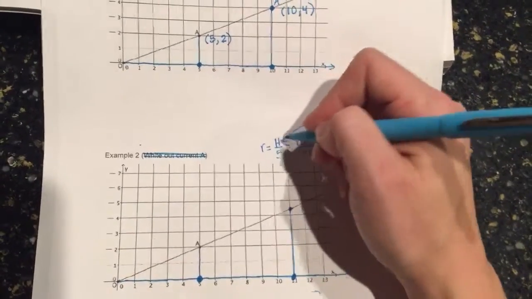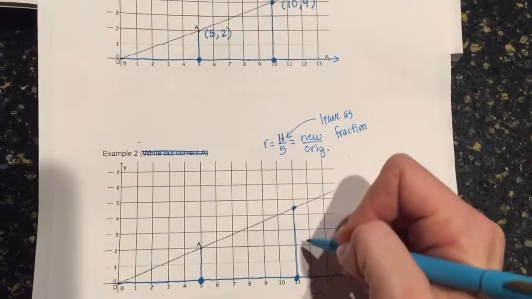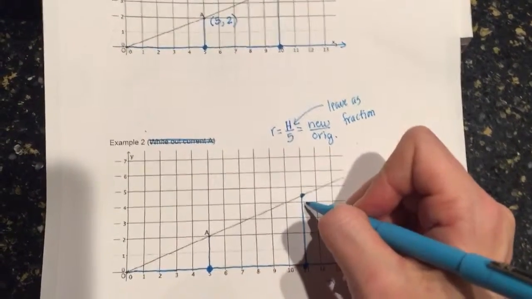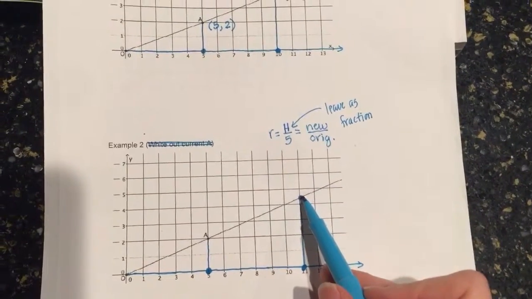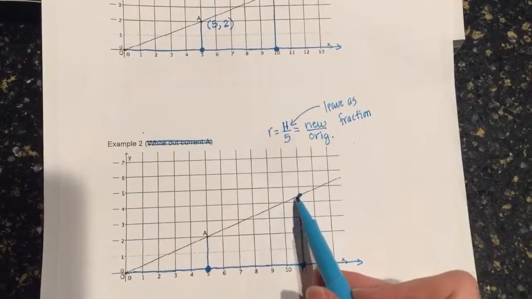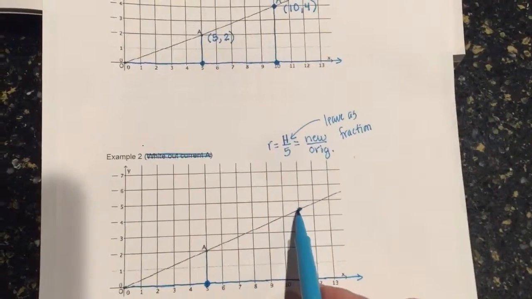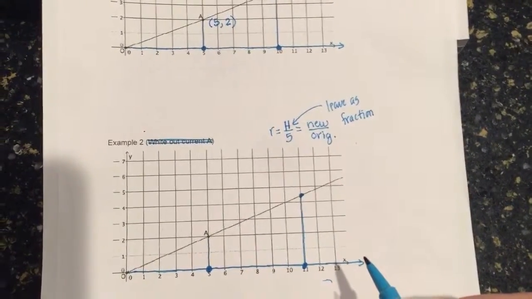So we have 11/5, and we've brought our point up. Now, our new point doesn't exactly lie on an intersection point of a grid line, so we can't give ourselves an exact coordinate for this point. We could say that's about 4.5 on the y-axis, but we need to find something more exact.